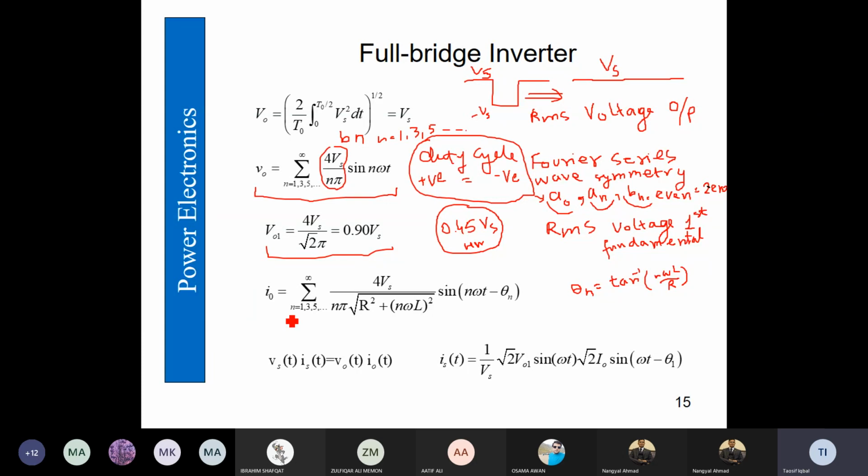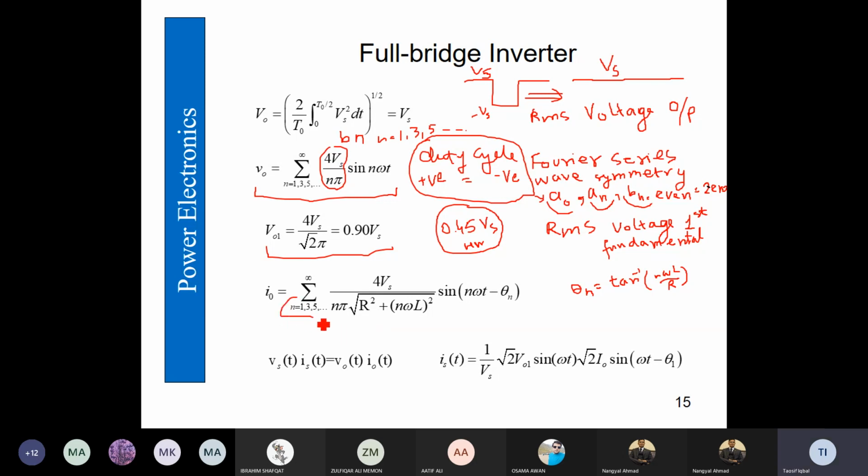Similarly, in case of RL load, the current is going to be very similar. We have 4 Vs over n pi sine n omega t minus theta n, where theta n is again tan inverse of n omega L by R. In case of inductive load, harmonics are generated in voltage, and therefore the currents are also generated accordingly.